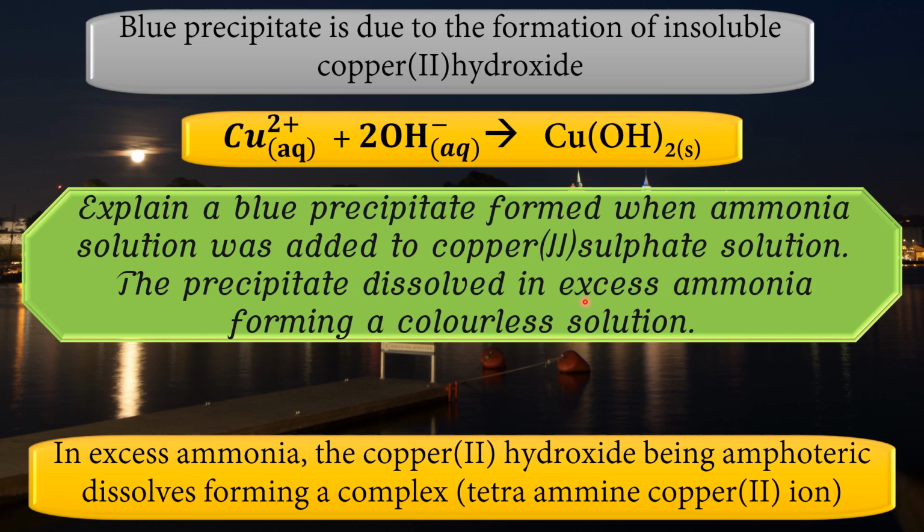But when we added excess ammonia solution, the precipitate formed a colorless solution. And that colorless solution is a complex. That complex is the one we call the tetraammine copper(II) ion.